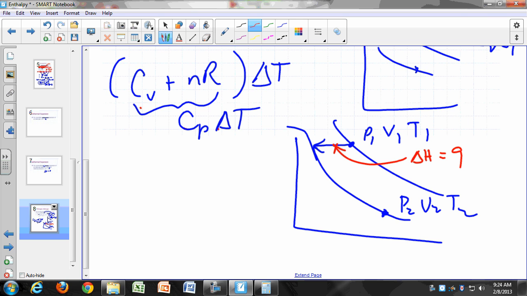Constant pressure, delta H is equal to Q, and Q is just Cp times delta T. And then once you go from that intermediate point, you can now go isothermal towards your final point. What is delta H for this? 0. Isothermal, delta H is 0. And that is why delta H is just always going to be equal to Cp times delta T for an ideal gas. Okay? So that's enthalpy.